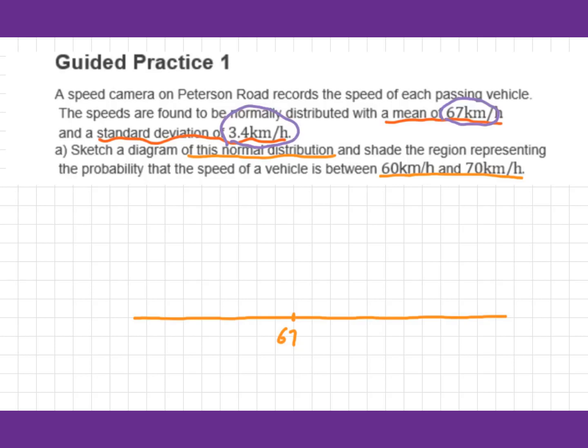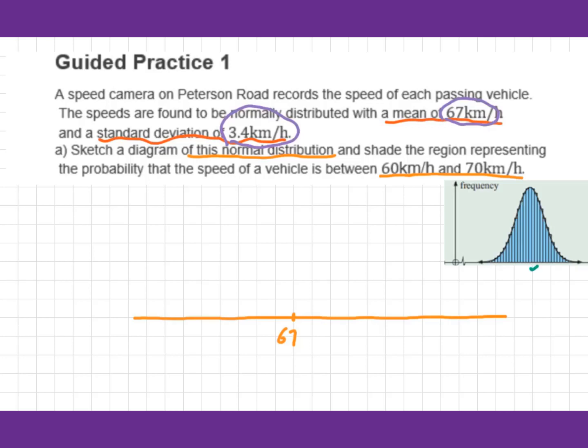When you do a question about normal distribution, focus on those numbers. Which one is the mean? Which one is the standard deviation? We already know the normal distribution graph is bell-shaped, like this.